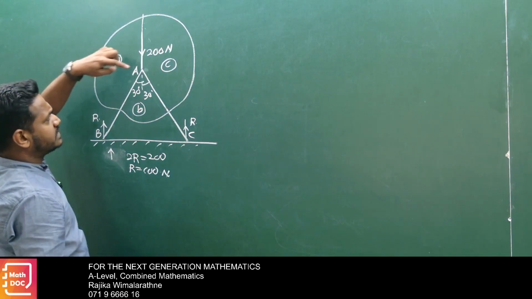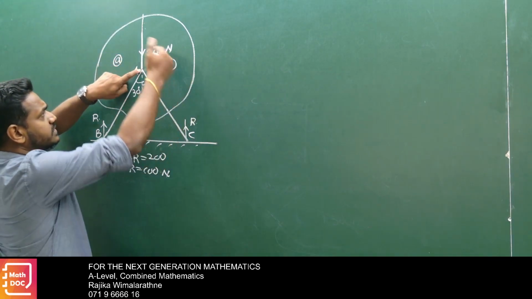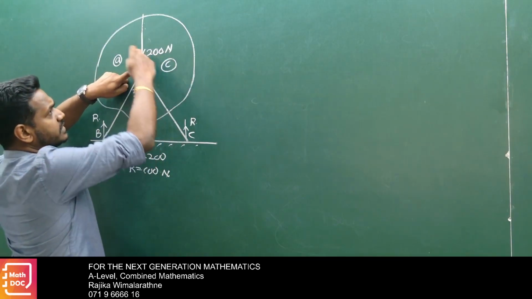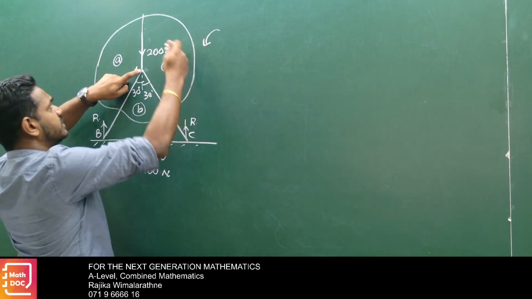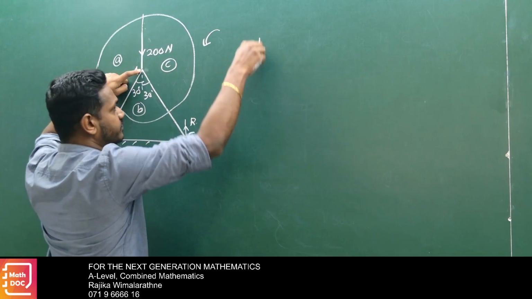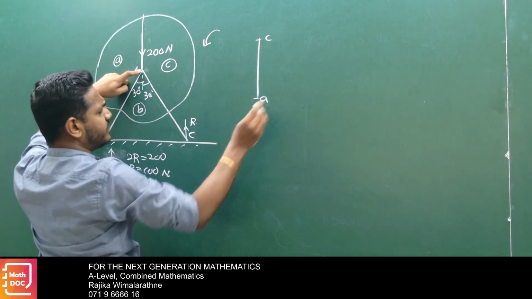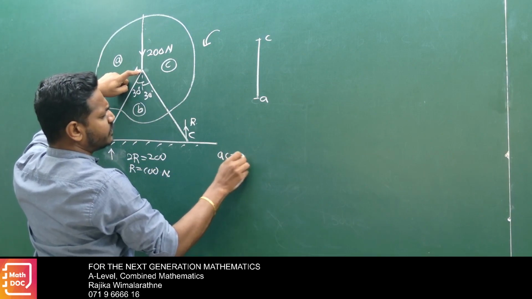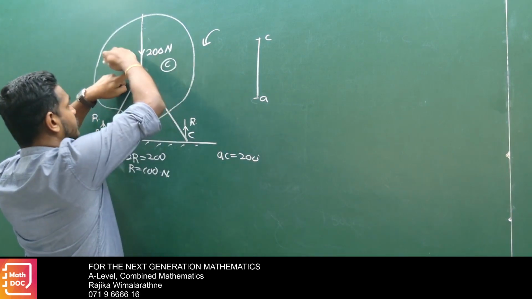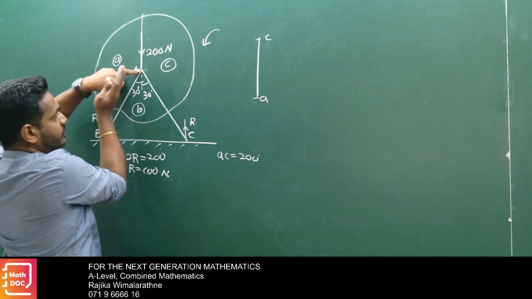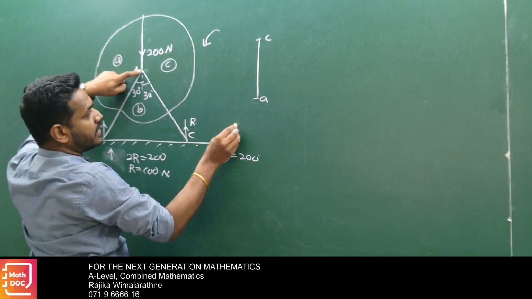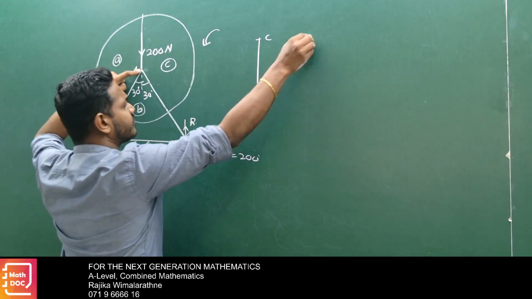Okay, now you select this vertex. First you cross the known force, go anticlockwise, C to A, 200 downward. Here C, A. Then AC 200. AB to the vertical 30.